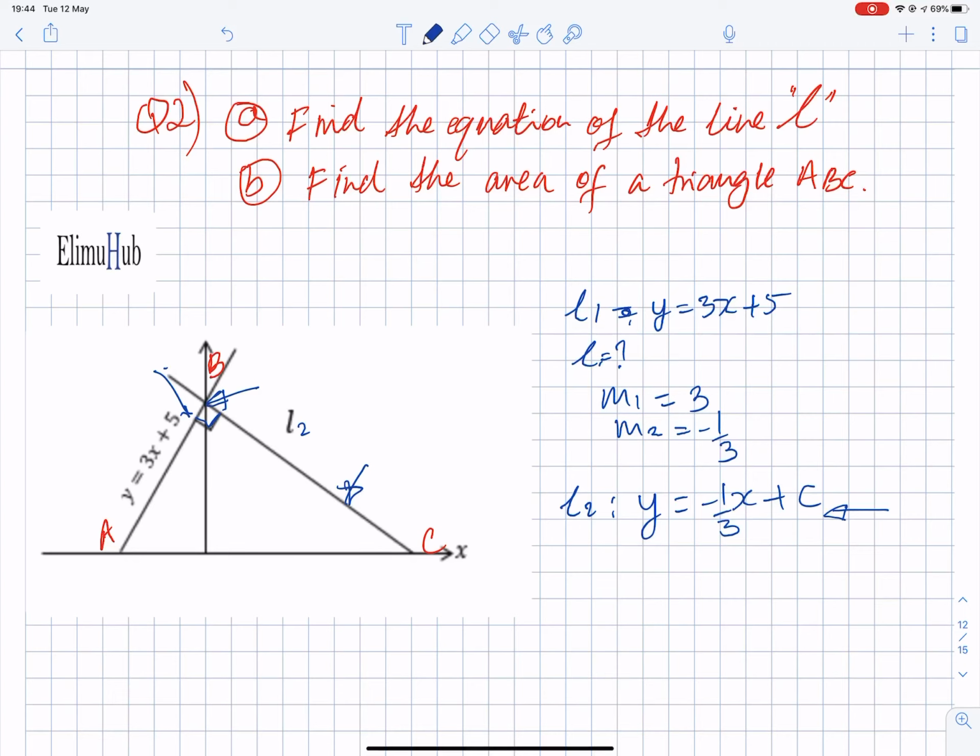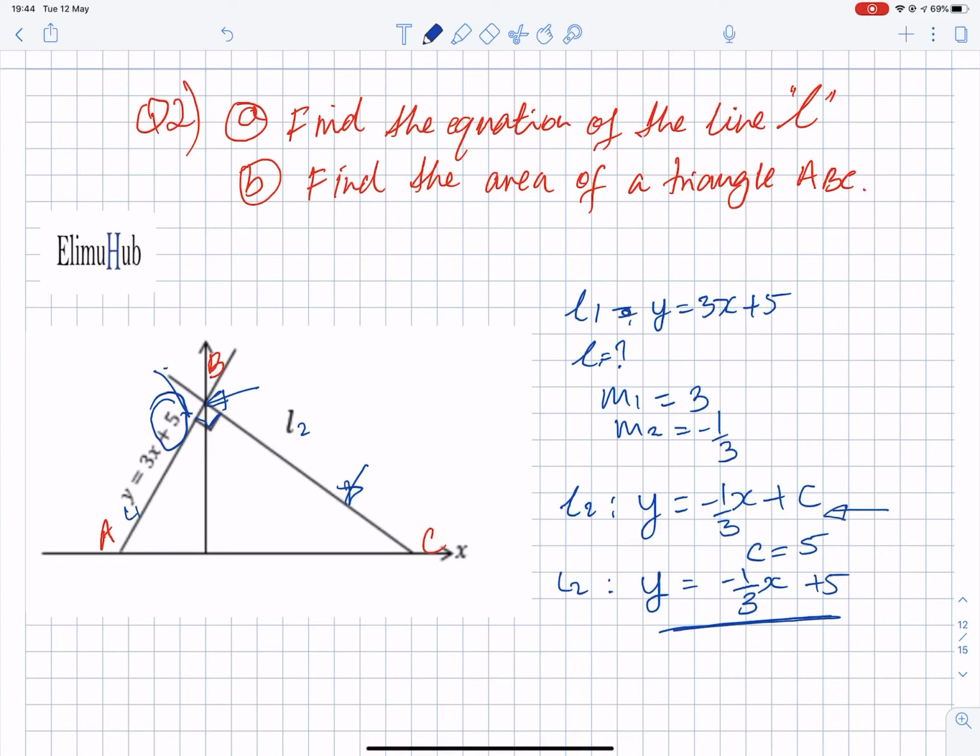Well, I've got L1, which is also crossing the y-axis at that point. So this means c is 5 for both lines. Okay, so c is equal to 5. This means for L2, y is equal to minus 1 over 3 x plus 5.